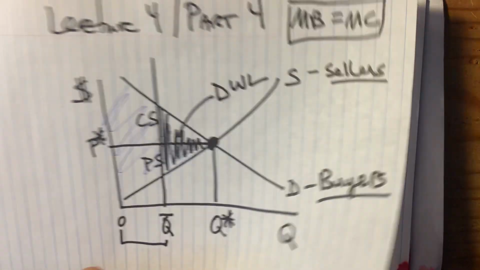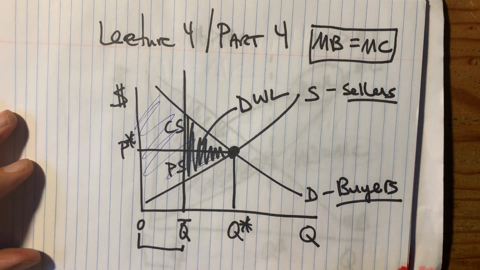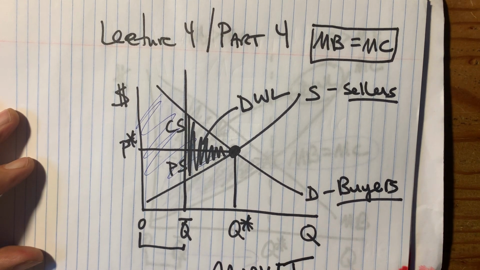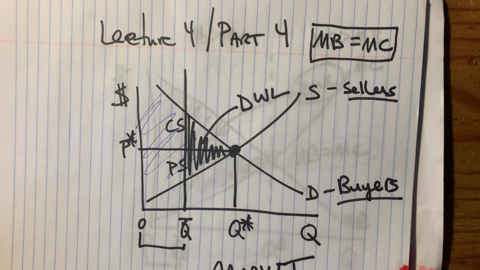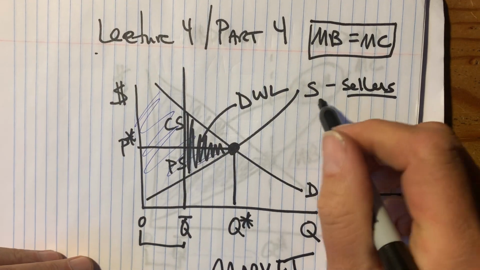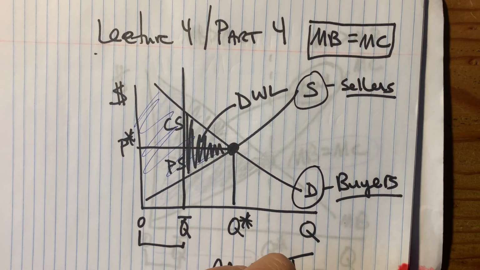So the difference between thinking about things in terms of supply and demand is that here we're thinking about the market itself. We're thinking about market exchange, and supply and demand represent the two sides of the market.